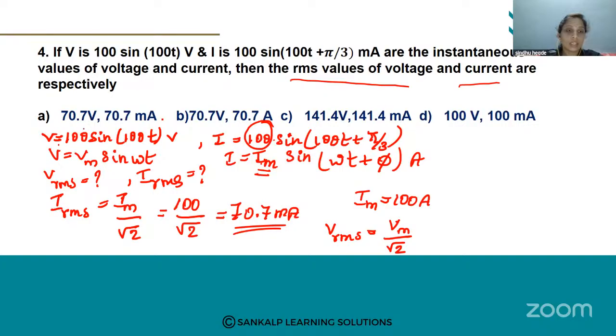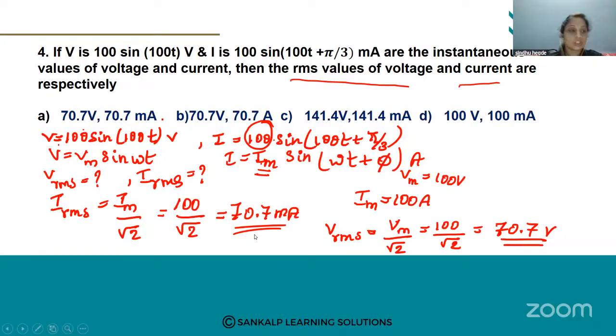In the place of Vm, in your question, they give 100. It means Vm is equal to 100 volt. Substitute here. 100 divided by square root 2 is again 70.7 volt. So this is the value of VRMS and this is the value of IRMS.